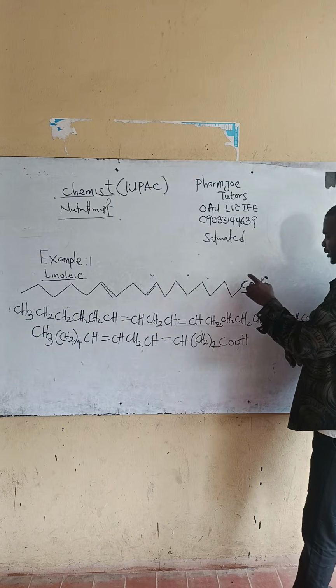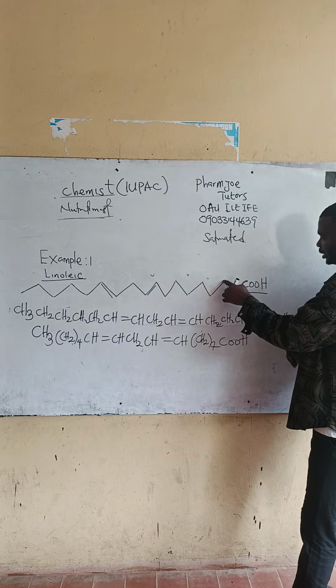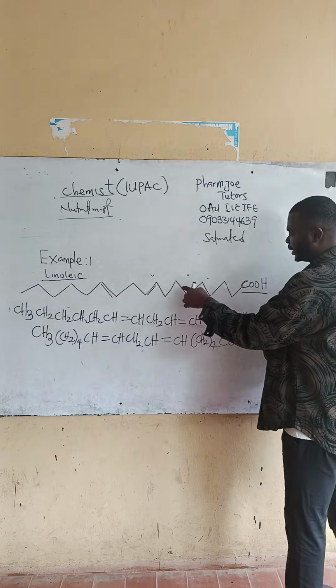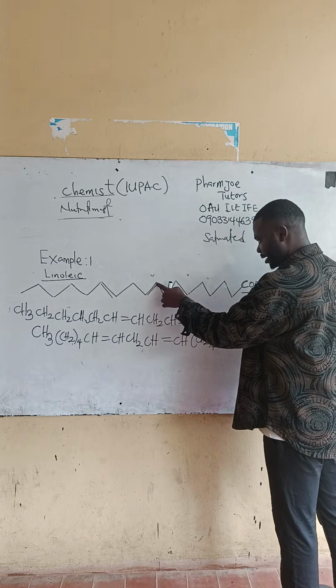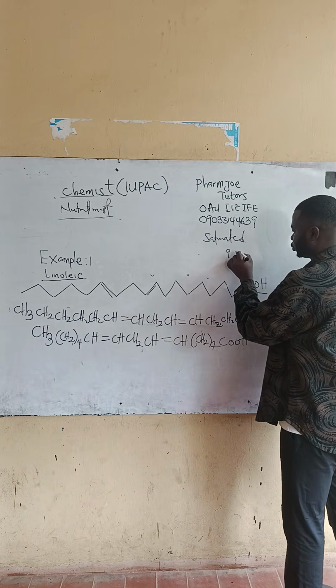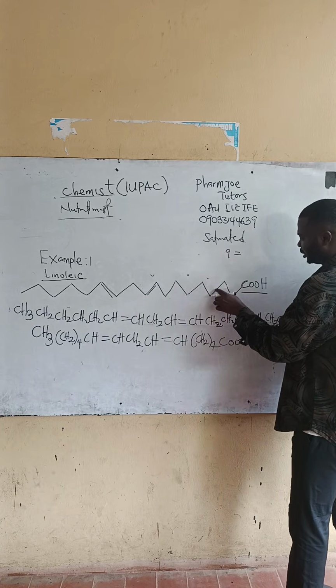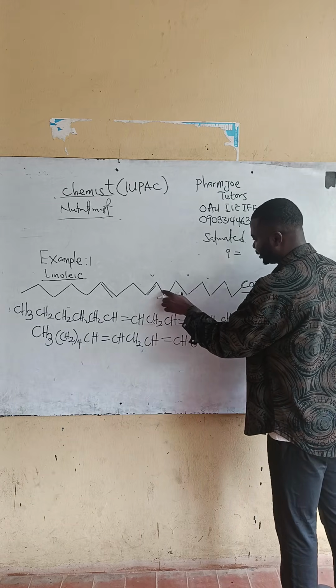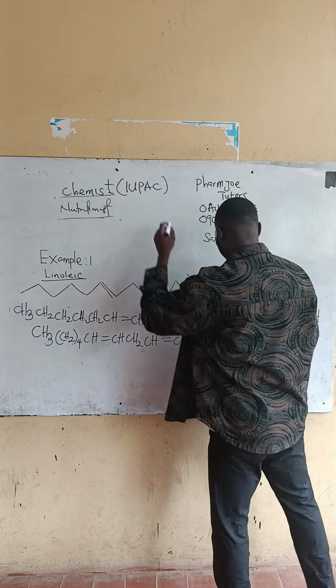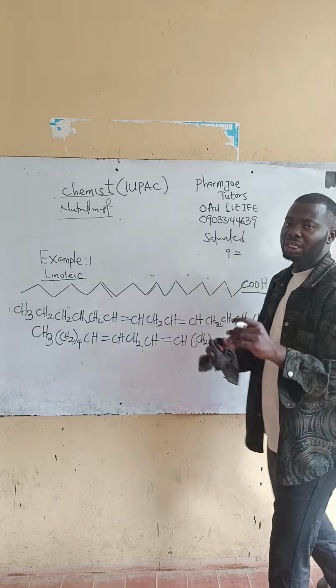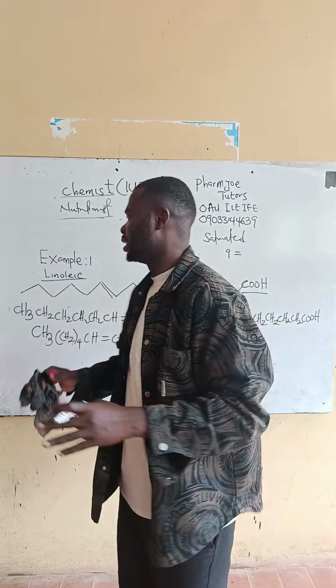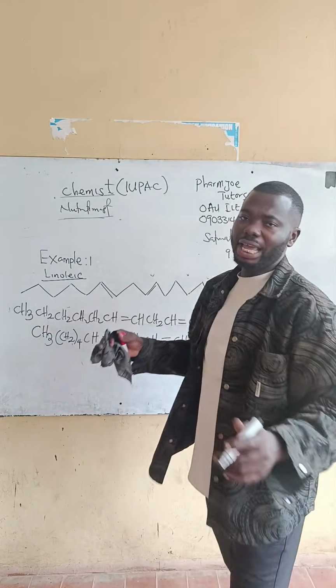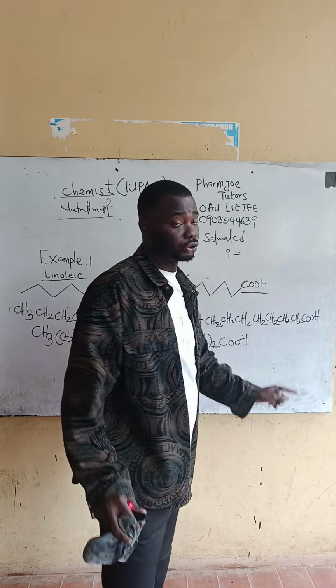So if I'm naming it, I say 1, 2, 3, 4, 5, 6, 7, 8, 9. A double bond is in position number 9. According to a chemist, if you are naming your fatty acid, you start with the carbon of the functional group.